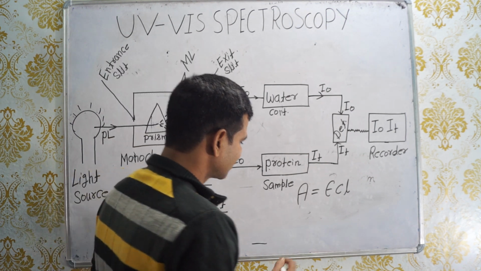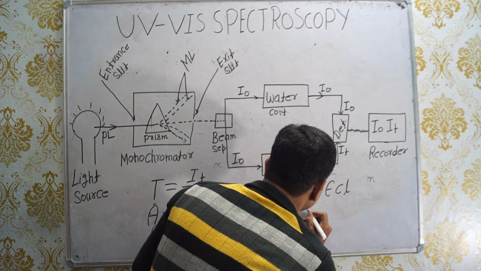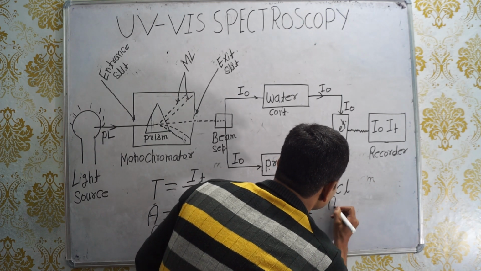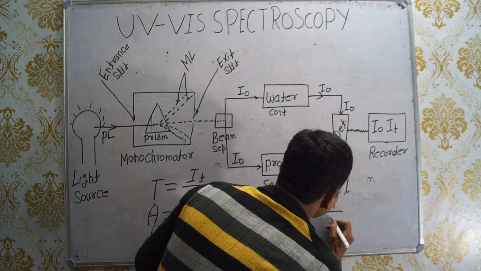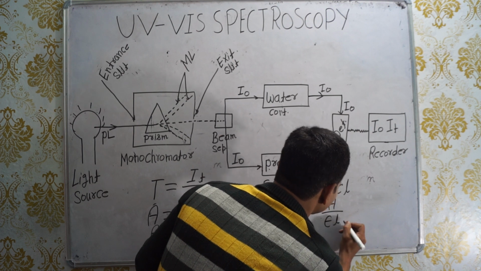Therefore we can write C is equal to A by epsilon L.